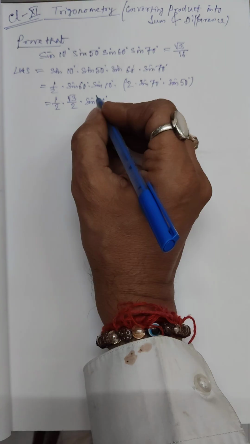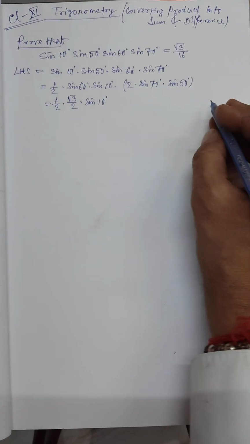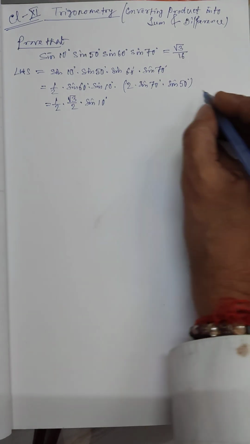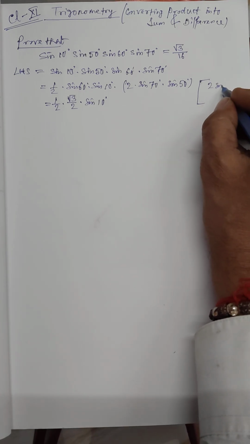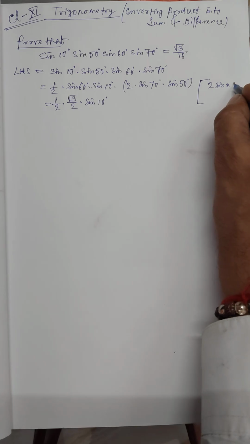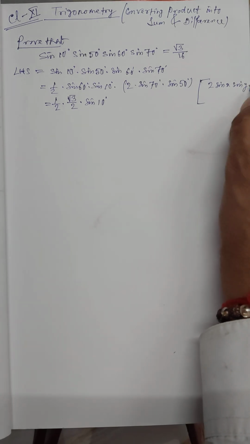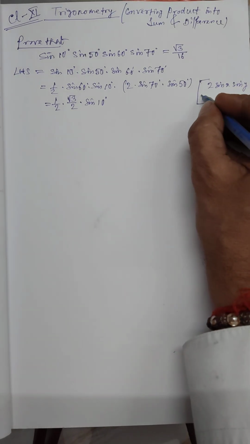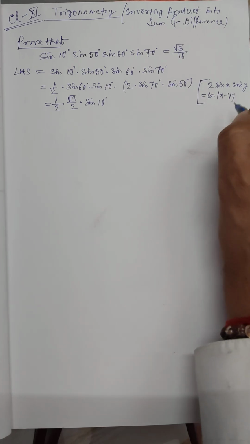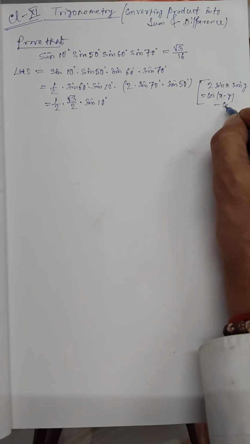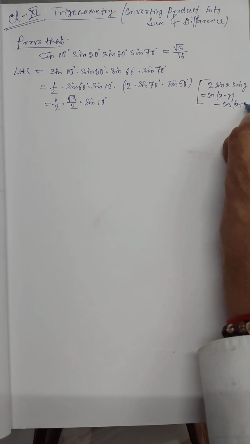Now, this is half, and the value of sine 60 is root 3 upon 2, into sine 10 degree. Now, the formula I have written here: 2 sine x sine y is equal to cos x minus y minus cos x plus y.